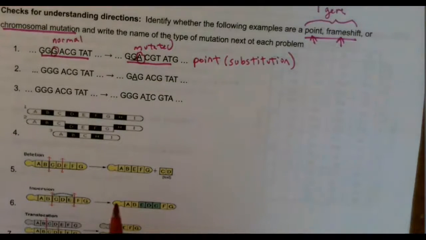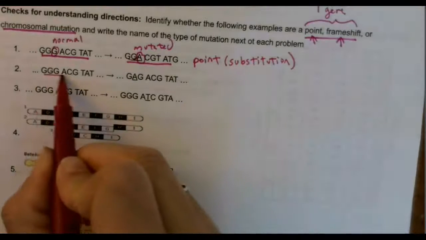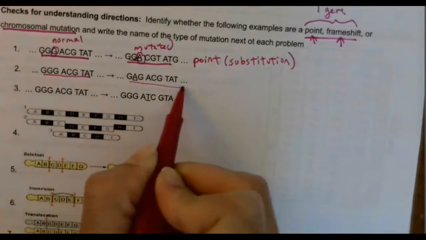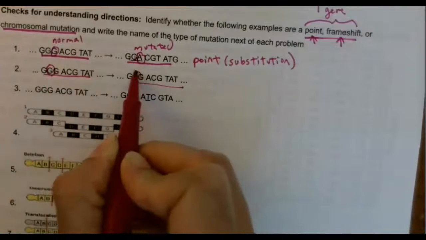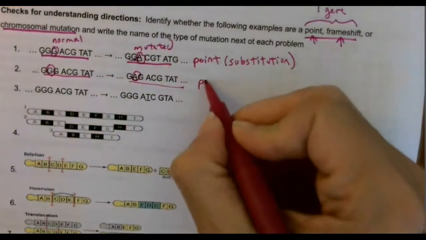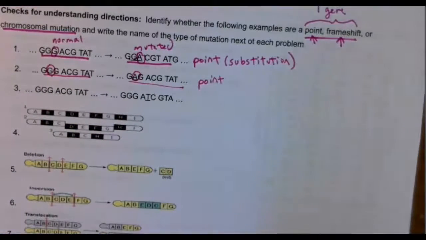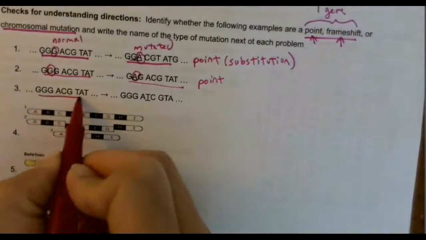In the second example, you can see here's the normal and here's the mutated. And it looks like everything's the same, but again, one letter was switched for a different letter. So again, it is a point or a substitution mutation. Again, pause the video, try to answer the questions yourself, and then come back and see what my answers were. And the third one, let me see here. Here's the normal one.